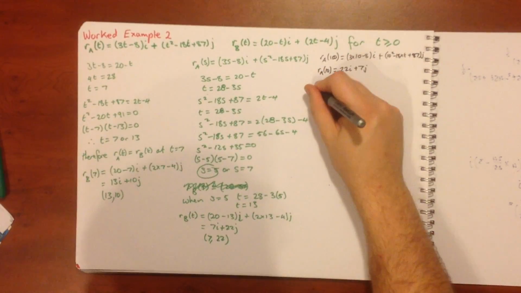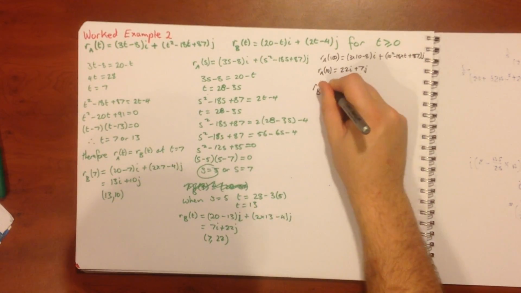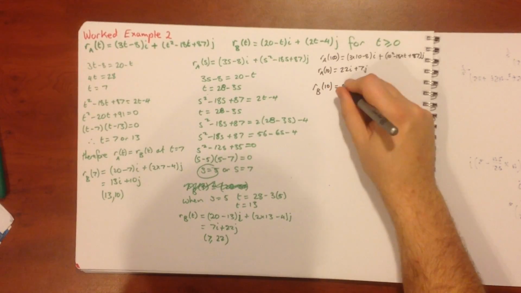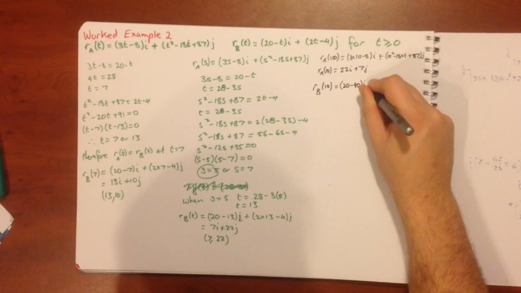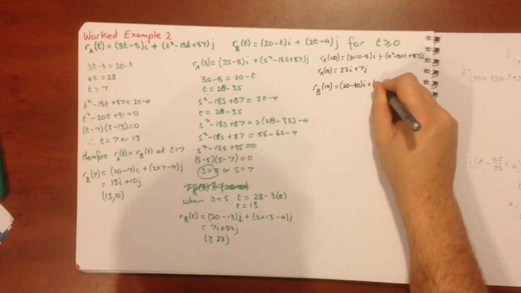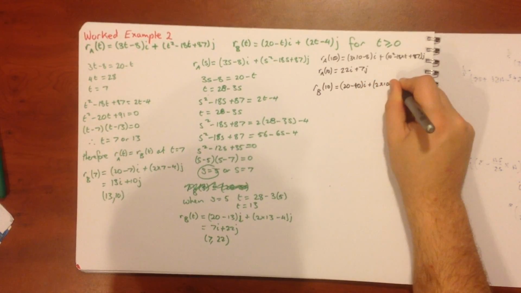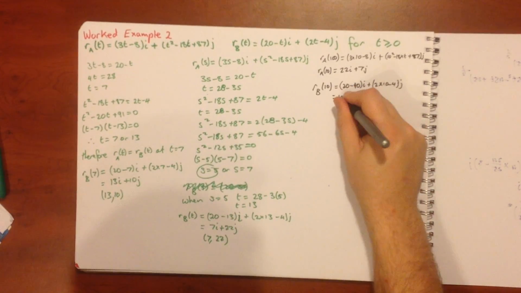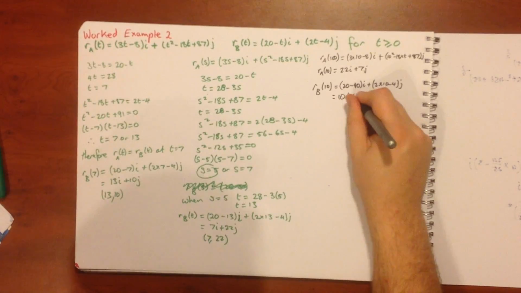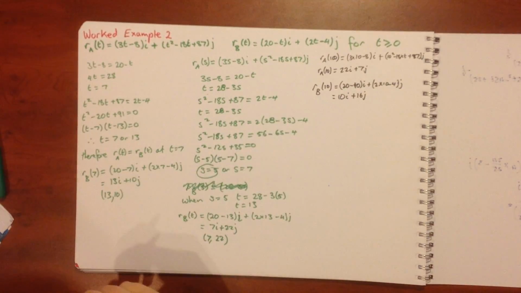And when we do it for our RB of 10, we get 20 minus 10 i plus 2 times 10 minus 4 j, which gives us 10i plus 16j.